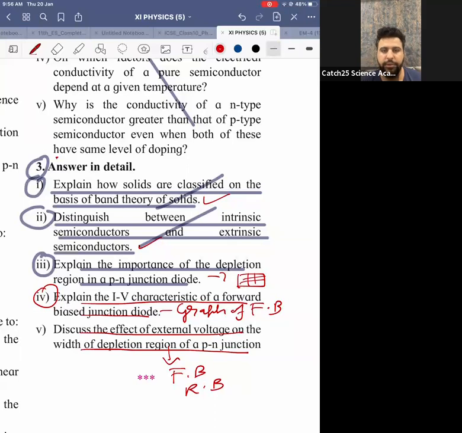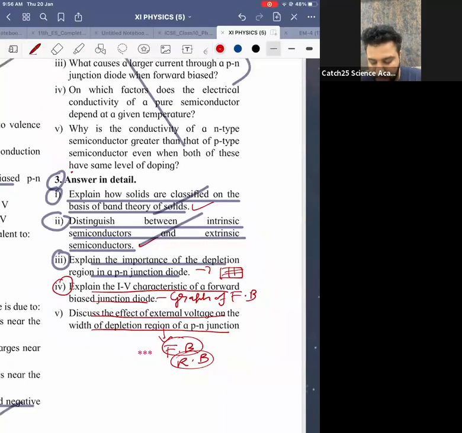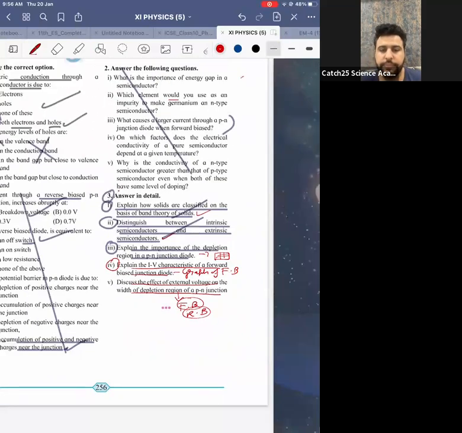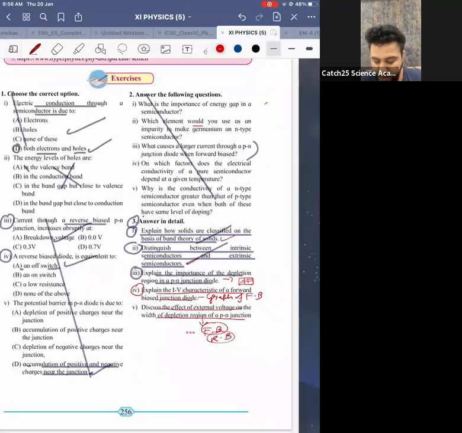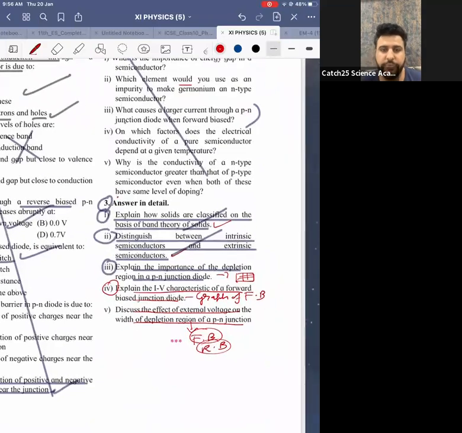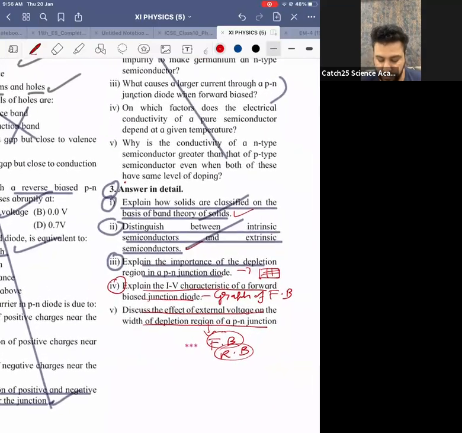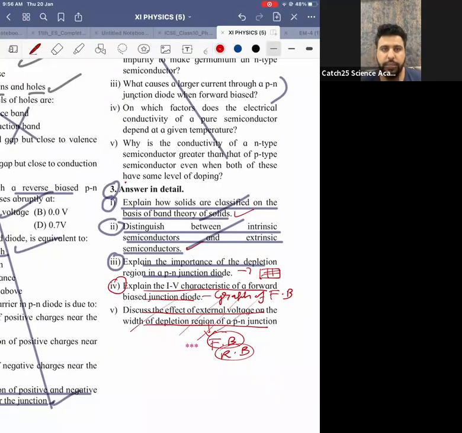Not now, but if the question comes, you should write what is forward bias, full definition and working, and for reverse bias, full definition and working. Is it clear?